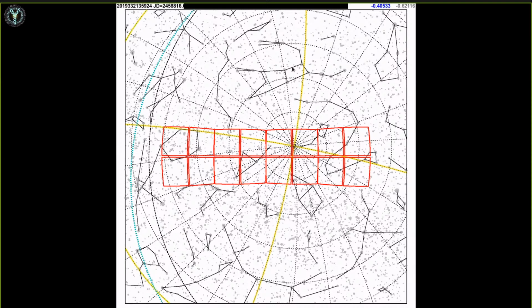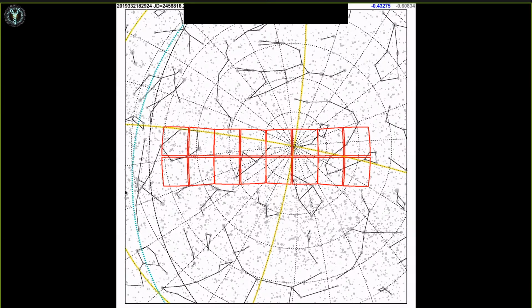As you can see, the Big Dipper is here. The classic Kepler field is somewhere here between Lyra and Cygnus. This is Cepheus, Cassiopeia, Taurus, Auriga, etc. And here, this dashed line shows the orbit of the Moon as viewed from TESS.